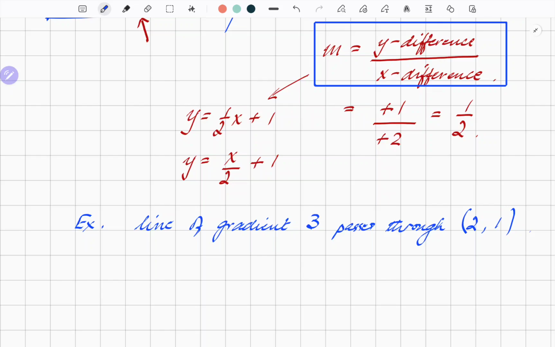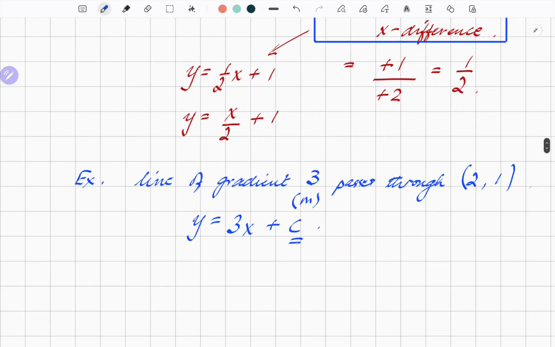So when you have that kind of a question, you know that your equation of the line is going to be, remember that's m, and we need to find what c is. So you've got 3x plus c. All right, that's the basis of the equation, okay?